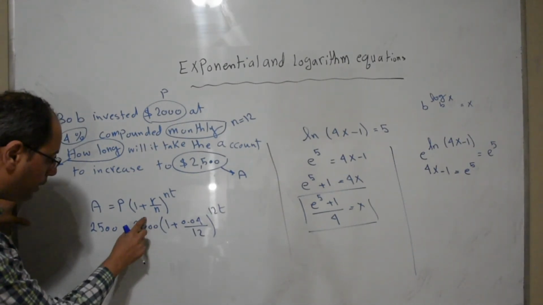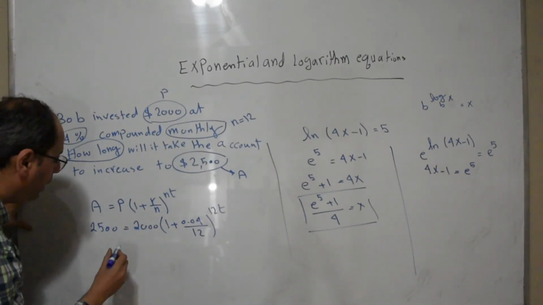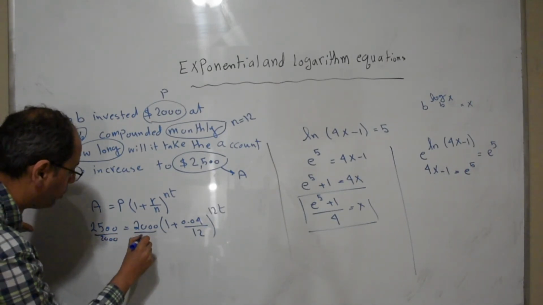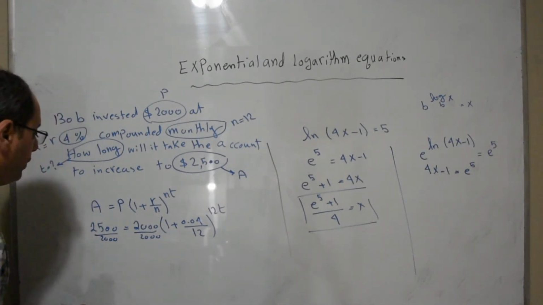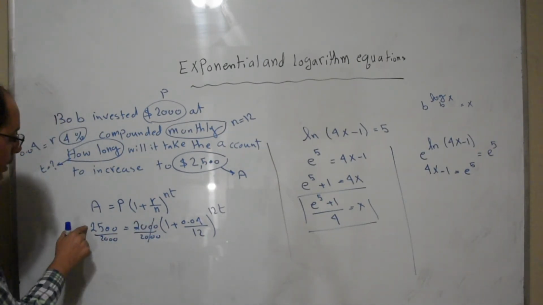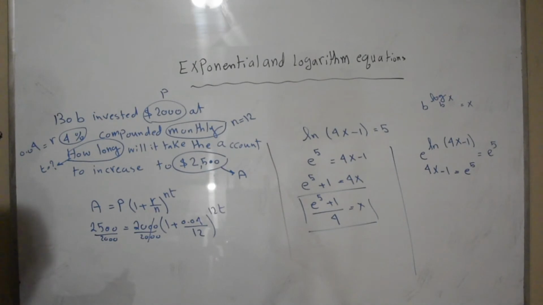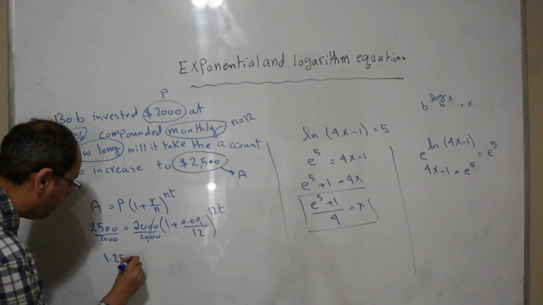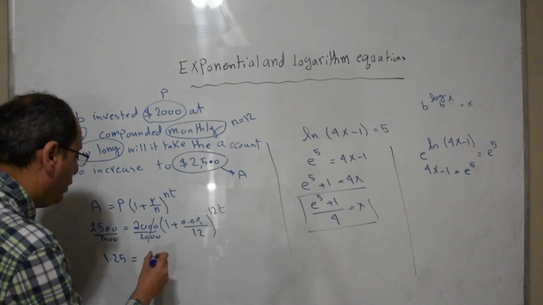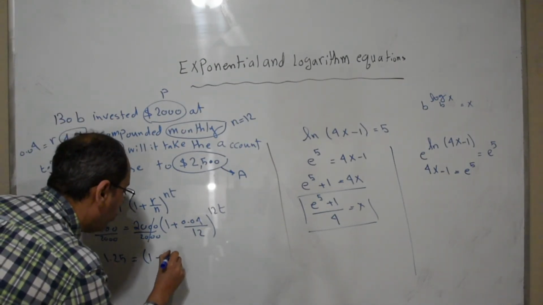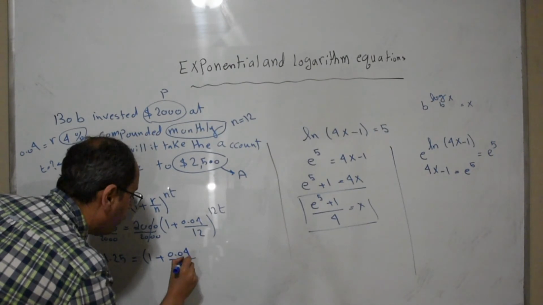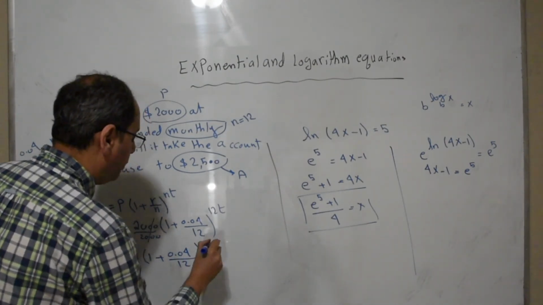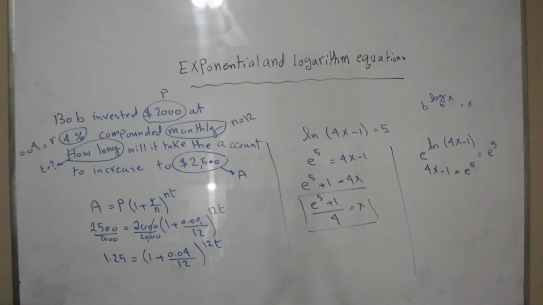First of all, get rid of this 2000, so I have to divide by 2000. So this is 1. Here, 2500 over 2000 is 1.25, which equals 1 plus 0.04 over 12, to the 12t.